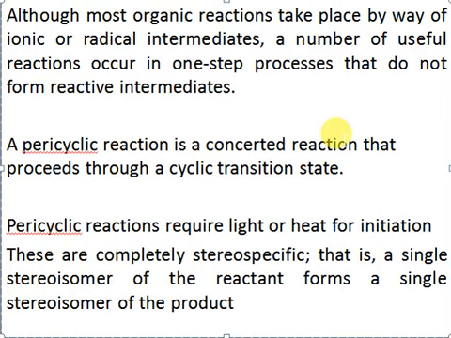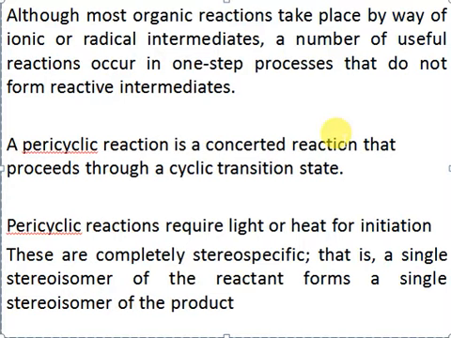These reactions require heat or light for initiation, right? In pericyclic reactions, you will never observe any electrophile, any nucleophile, any electrofuge or nucleofuge, you will never observe any free radical, right? So pericyclic reactions involve light or heat for initiation.